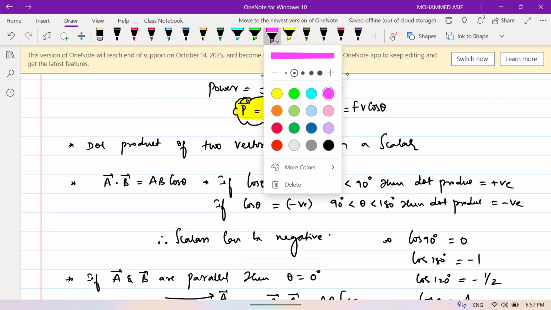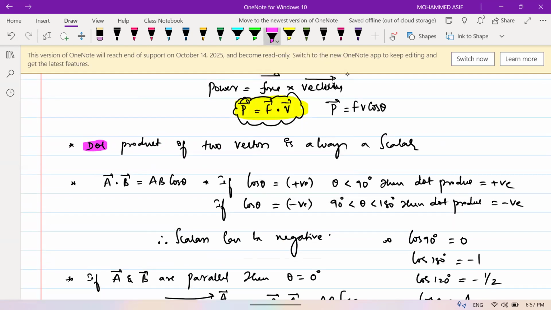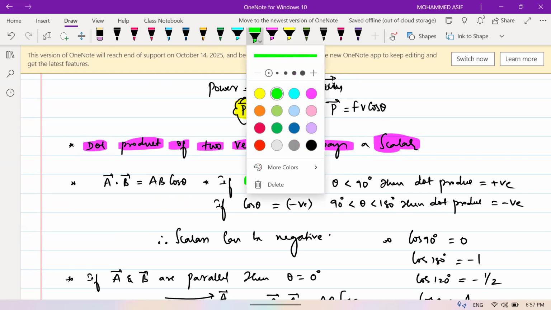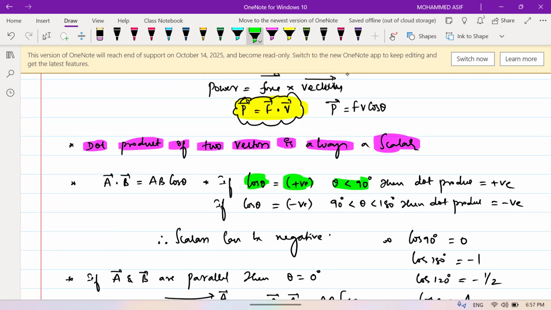Now here one thing I told you very clearly. Dot product of two vectors is always a scalar quantity. Am I clear? So see, if cos theta value is positive, that is theta lesser than 90, then dot product is positive. If dot product is negative, that means theta is in between 90 and 180.